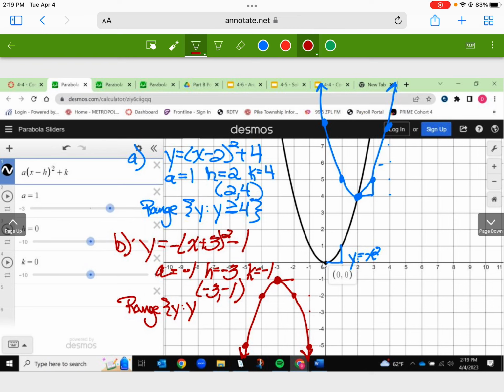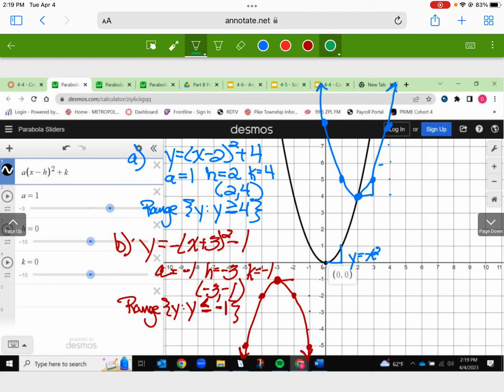That's my highest. So I'm going to compare it to negative 1. I've got a dot there, my vertex, so I know it can be equal to negative 1, and then it's going to be less than, right? All these other y values are smaller than negative 1.